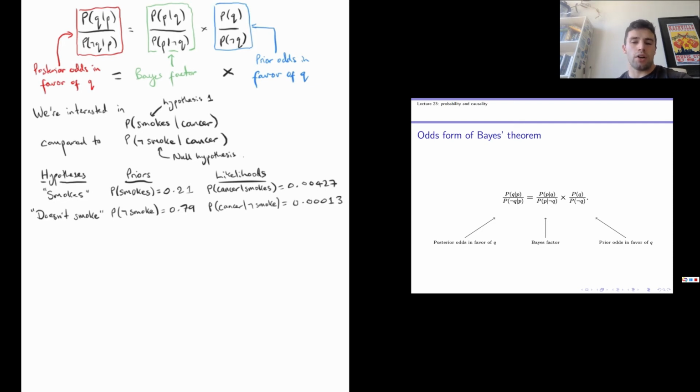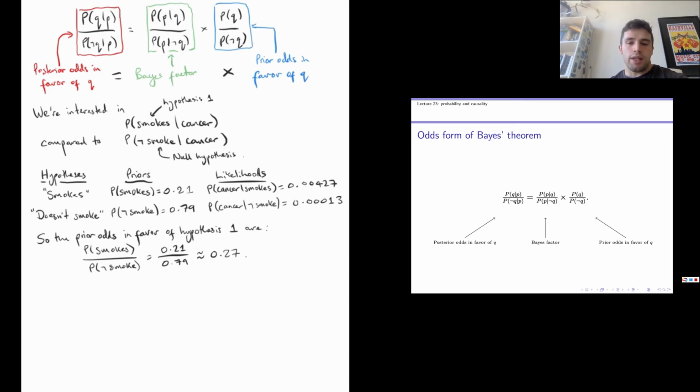So we can go ahead and simply calculate those ratios. So let's do the prior odds in favour of hypothesis 1 first. Here, the prior odds in favour of hypothesis 1 is the prior of hypothesis 1, so the probability that one smokes, divided by the prior of the null hypothesis, so divided by the probability that one doesn't smoke. So this is just 0.21 divided by 0.79, which is around 0.27.